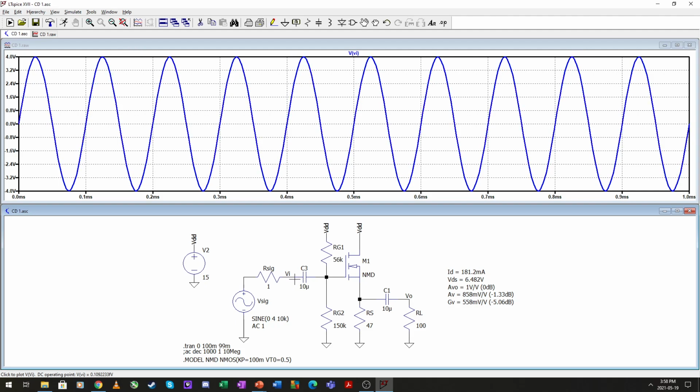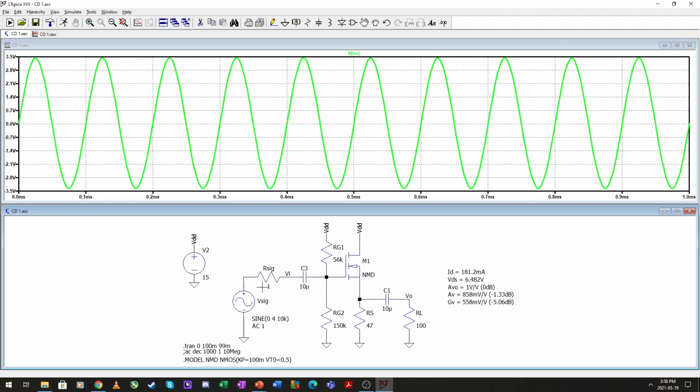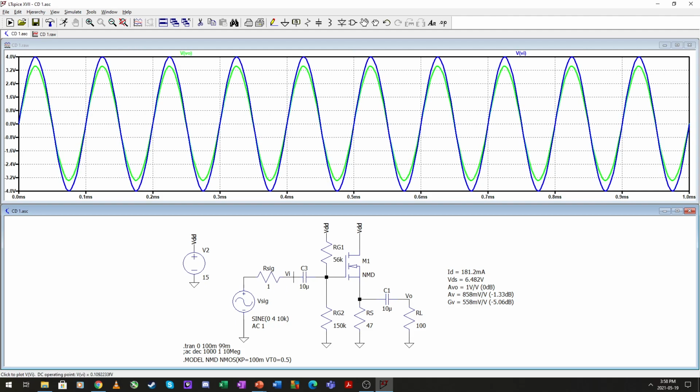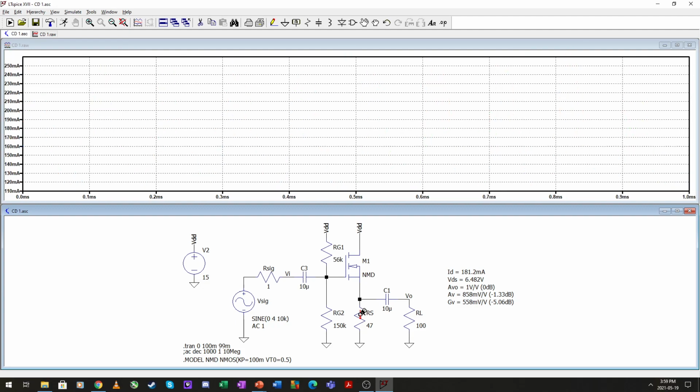See, our input and our output are very close to one another. It's only this small drop of 1.33 decibels, like that.